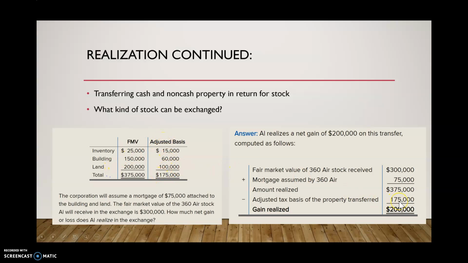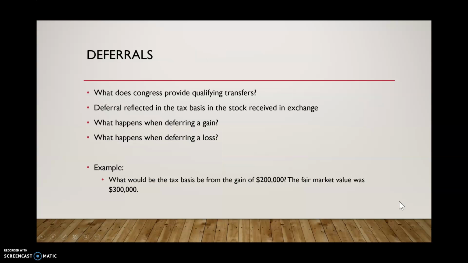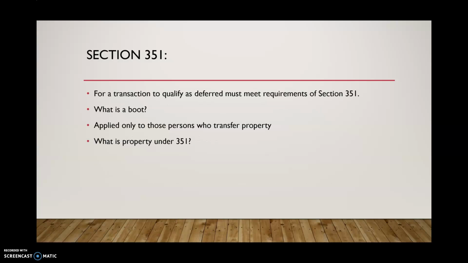So that's where that number comes from. And if we take the fair market value of that, since it is a gain, we then have to subtract it from that 300,000. So our answer would be 100,000 since it was deducted from our FMV to arrive at that tax basis.